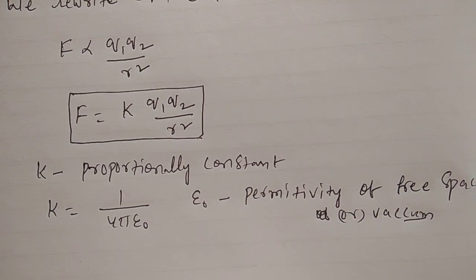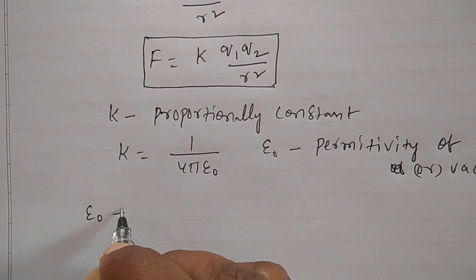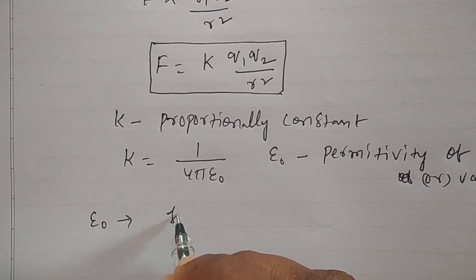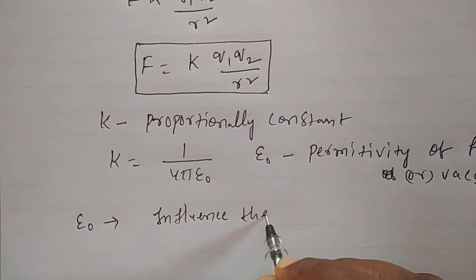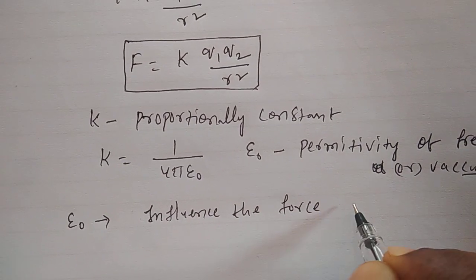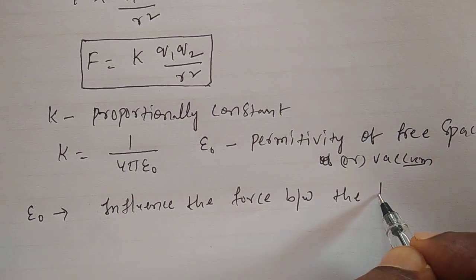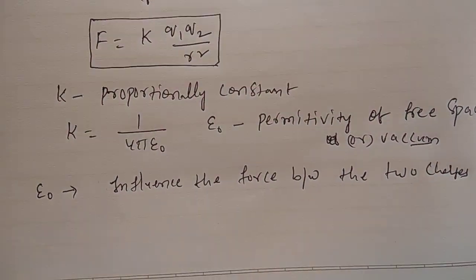What is the definition of permittivity? Permittivity is the property of a medium which influences the force between the two charges.